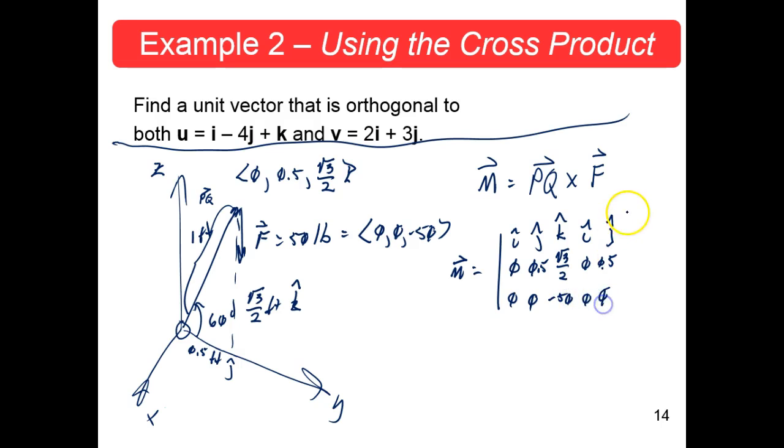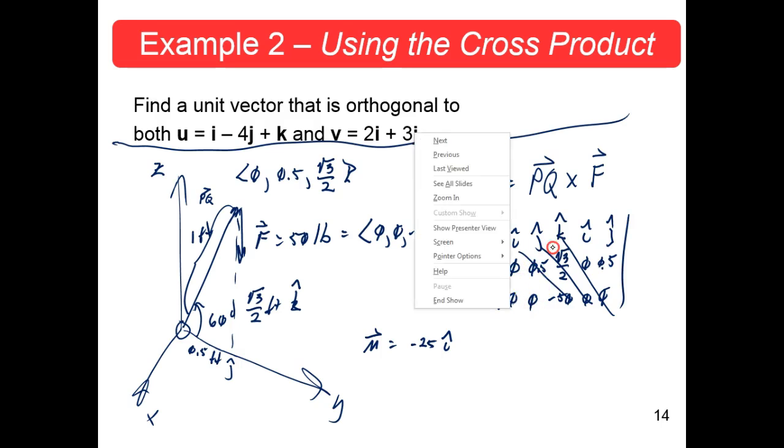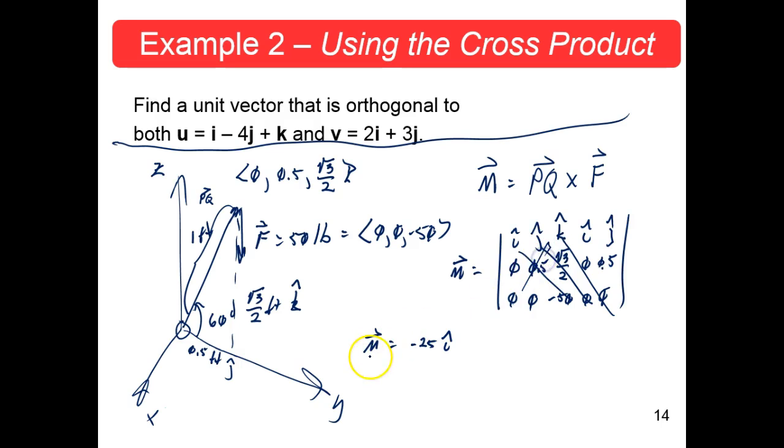Repeat the i and j. Now, what will this vector M be? Down diagonal this way, half of negative 50 would be minus 25 i, 0j, 0k. That was pretty easy. Then you got a 0k. So no k here.